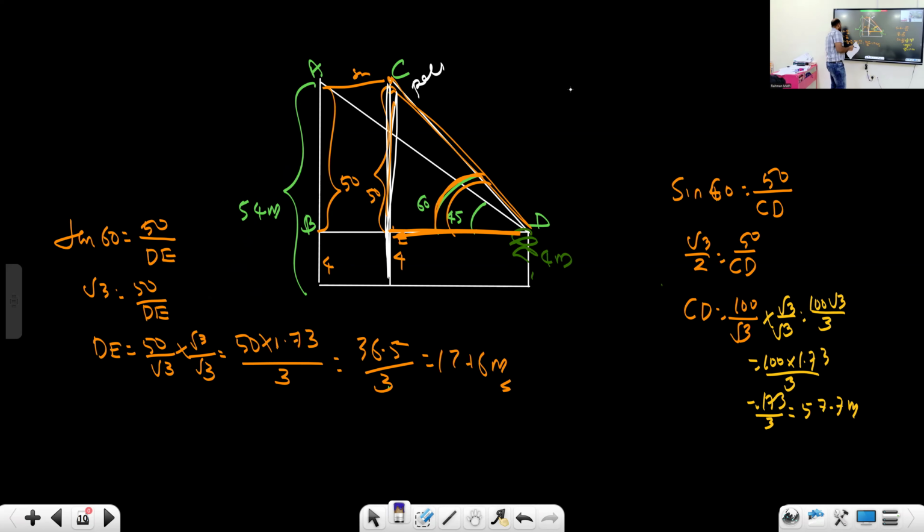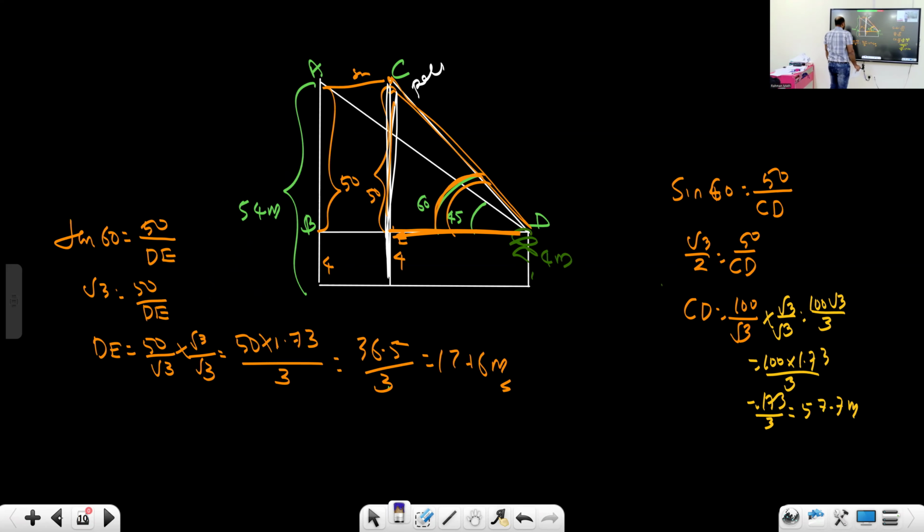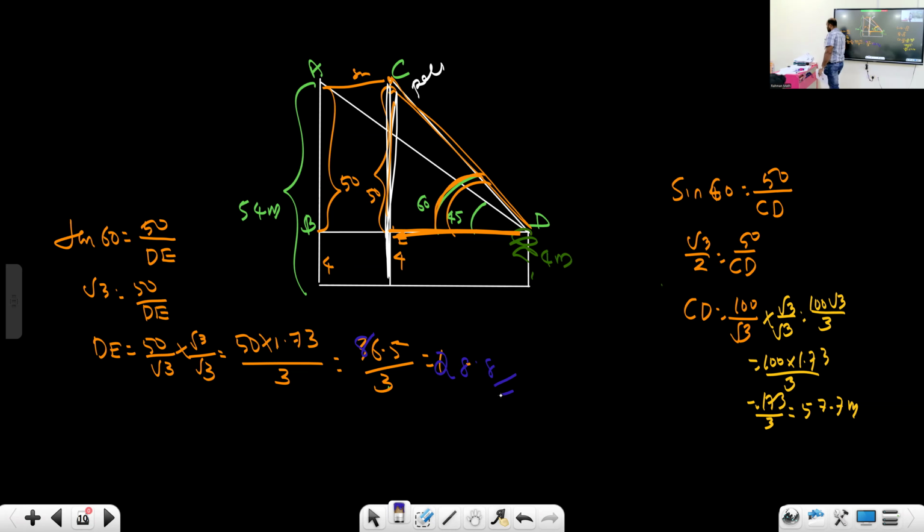To check, anyway this question I'm adding in the next worksheet, so we'll discuss. 50 into 1.73, 15 into 1.73, here a mistake is there. Okay, 86 is coming. Anyway, you're right, I think. The previous question, 86.5 by 3, 28.8. Right?